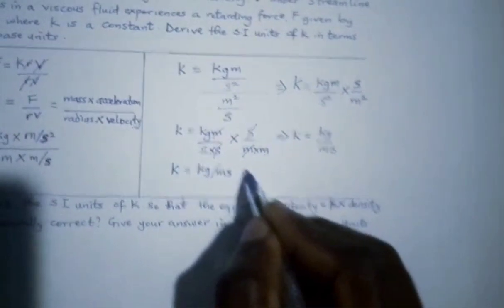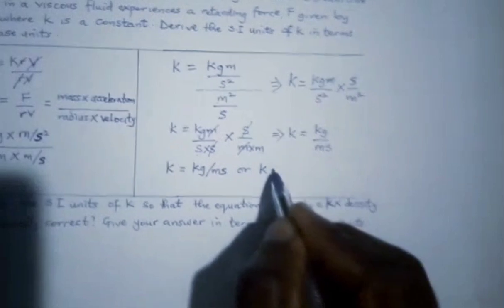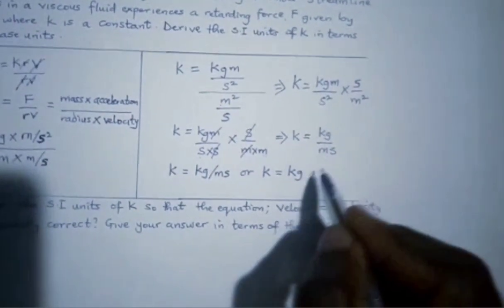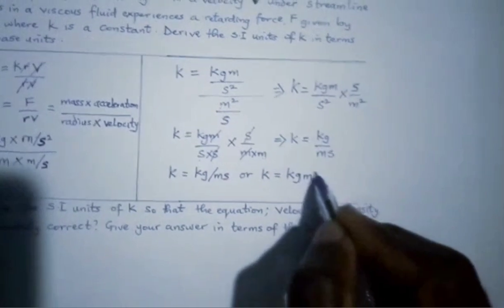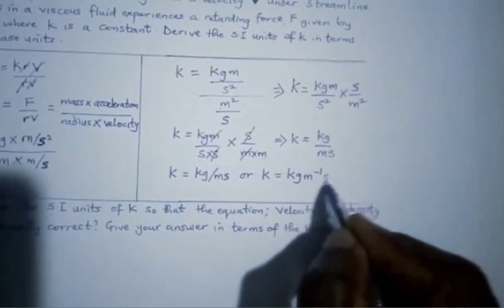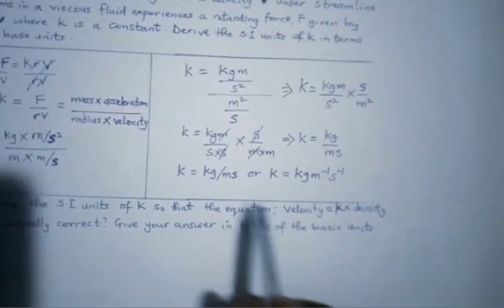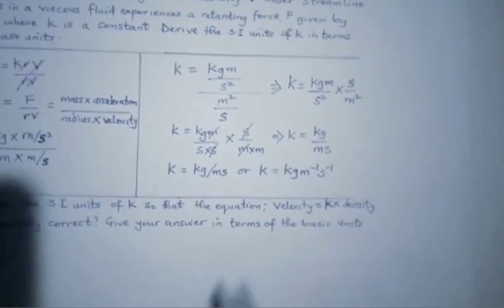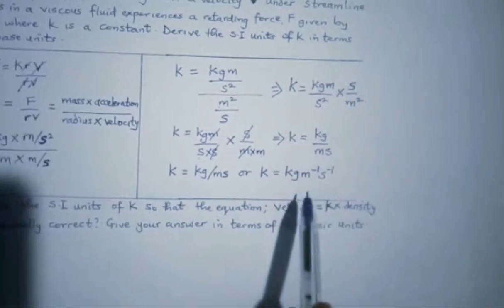Or you can also write it like this: K is equals to kilogram per meter per second. You can express it like this, and you can also express it like this. So that is our K in terms of base units.